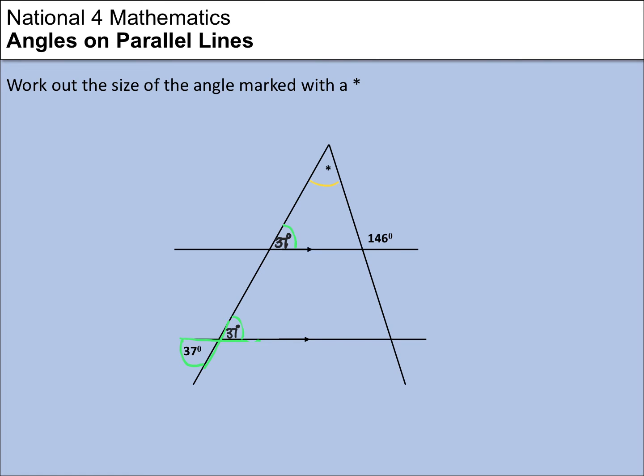Okay, what about the next one? Right, the 146. I would like to work out the angle next to it. These two angles make a straight line together. So they add together to make 180. So 180, take away the 100 and 46. 34 degrees.